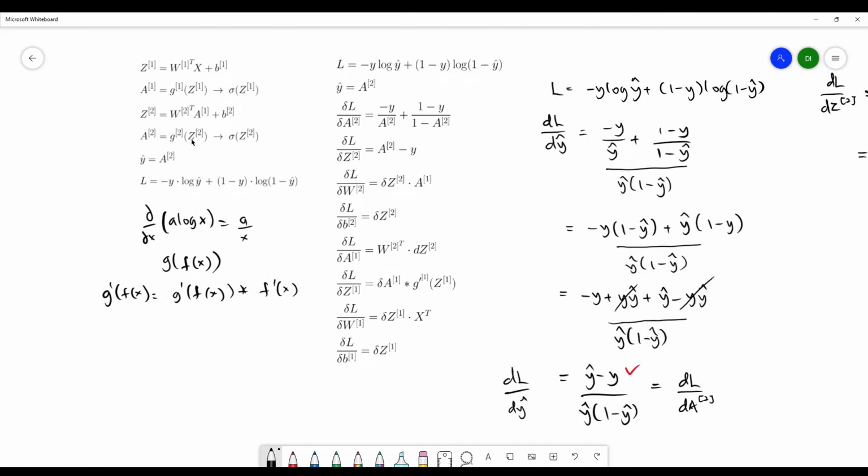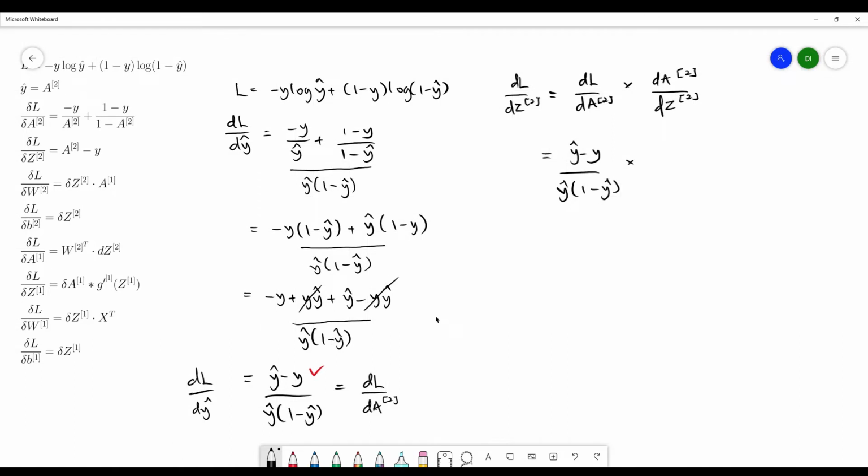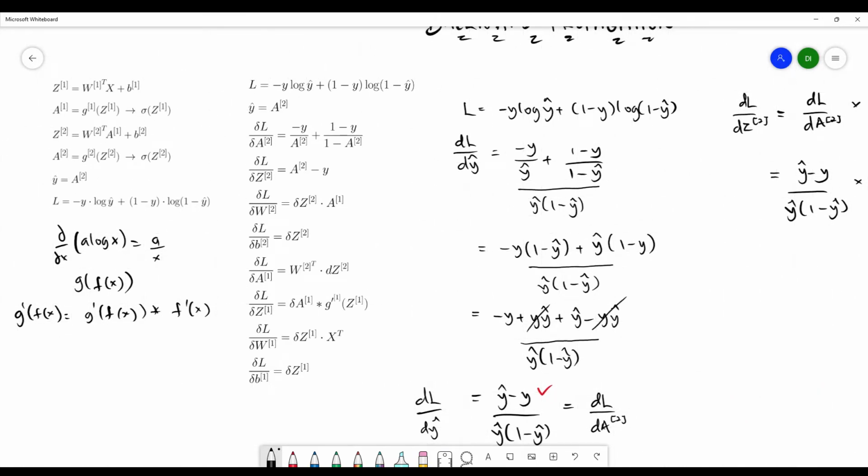And remember, the function is of sigmoid type, and we did a derivative of any sigmoid function. It worked out to be that the derivative of a sigmoid function is the output multiplied by 1 minus the output itself.